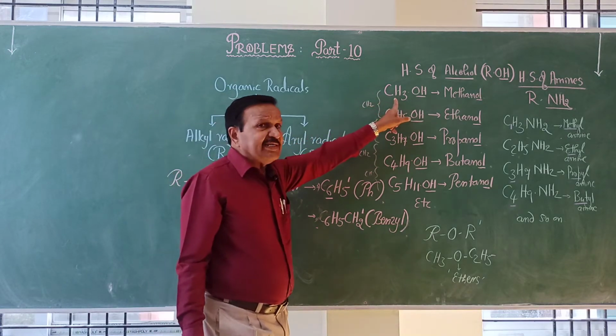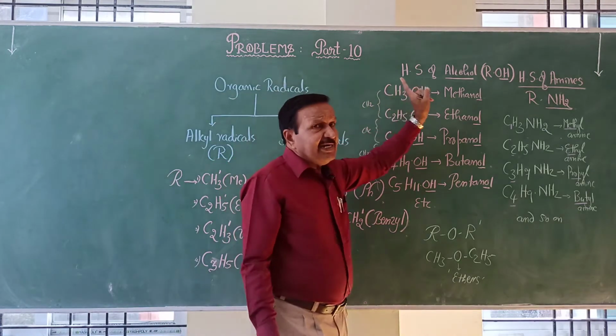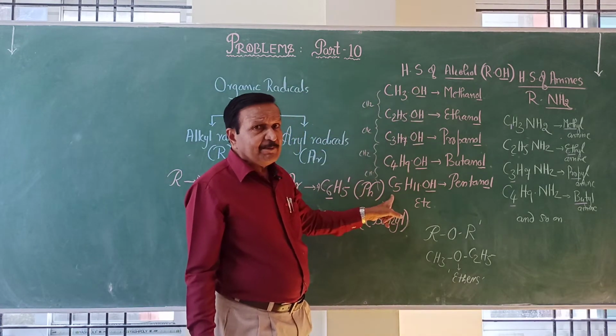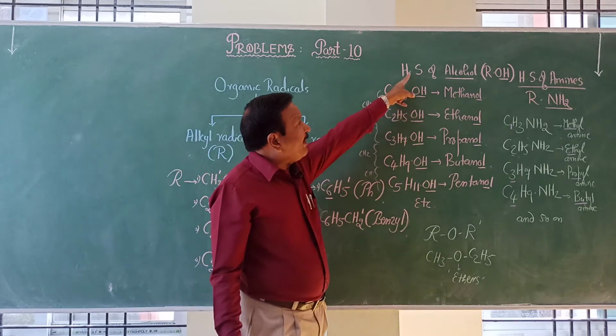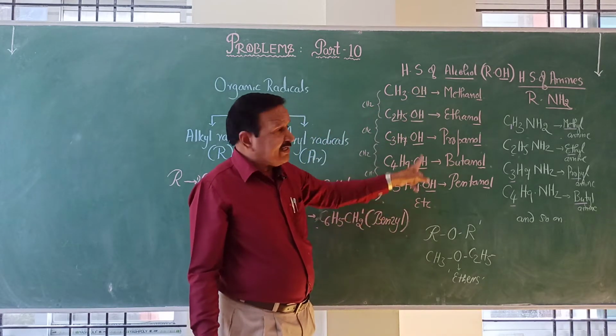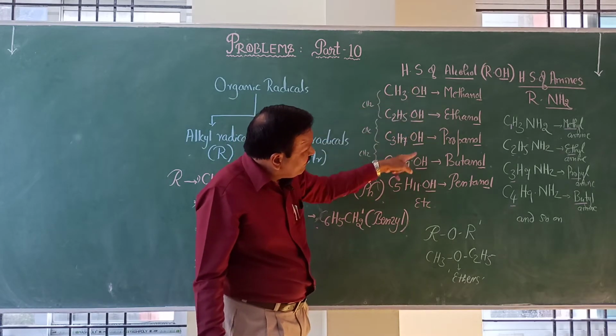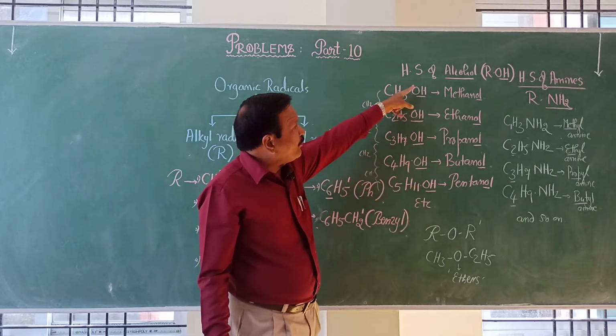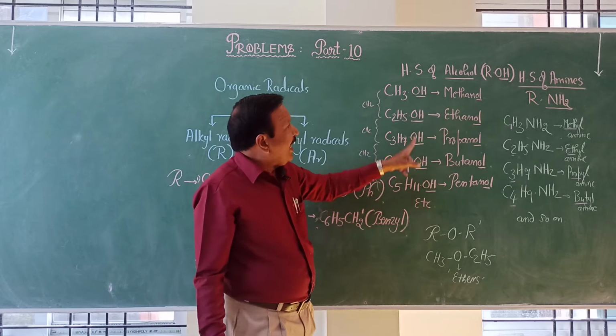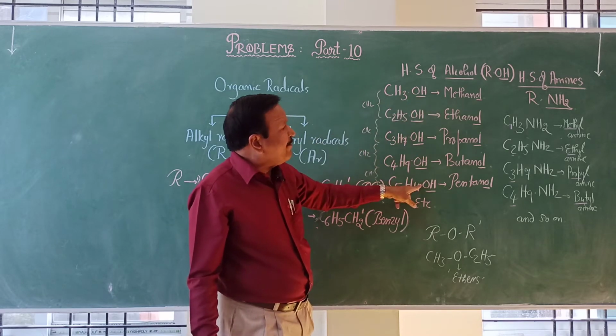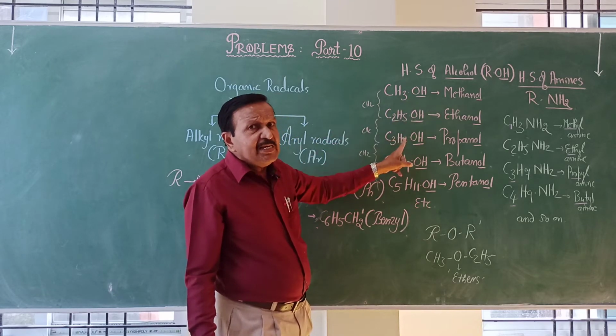What is homologous series? First of all, it is a set of organic compounds which can be represented by a general formula, and they have the same functional group, so the functional group should be same in the series. Since the functional group is same, their properties will be similar.